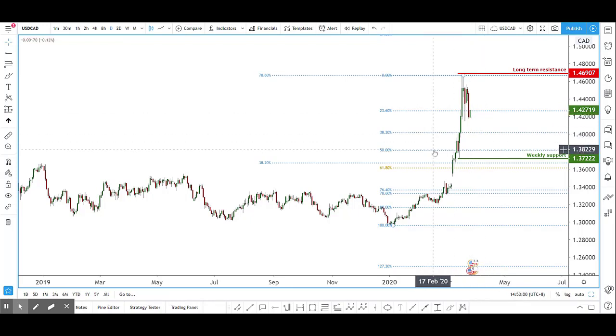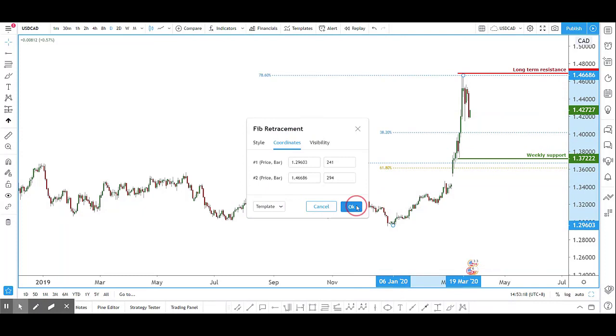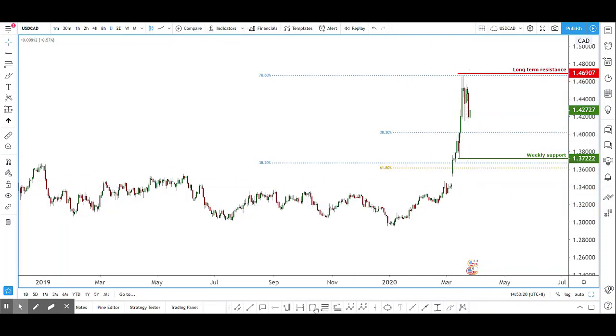Next level will be the 38.2, and price will probably fall down to this weekly support area. Now the 61.8 is closer to our long-term 38.2, so I will choose the 61.8 level and I'll take the next immediate one, 38.2. So let me just select these two levels and present it to you guys, and this is how it looks.